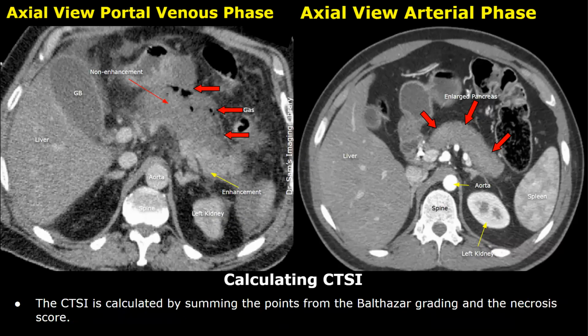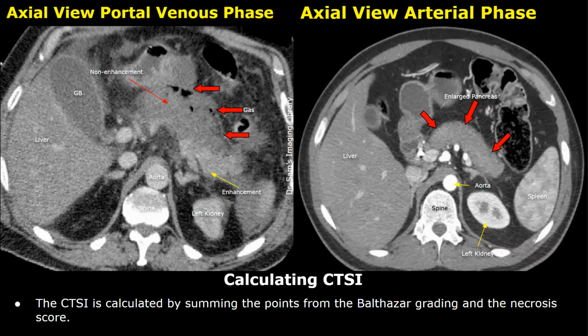CTSI, short for CT Severity Index, is calculated by adding the points from the Balthazar grade, which assesses the severity of pancreatic inflammation, and the necrosis score, which evaluates the presence and extent of necrosis. What I am talking about here is actually the older CTSI system.